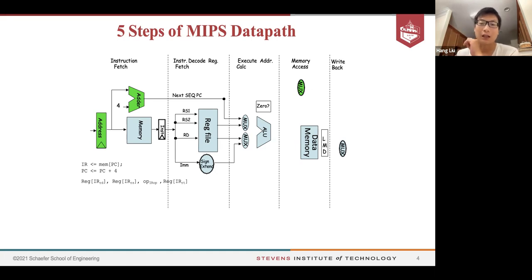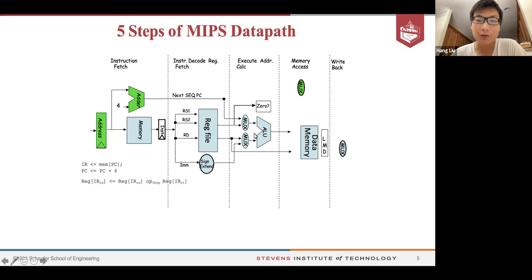So the immediate alone definitely is shorter than 32 bits. That's why we have to do sign extension. And in this stage, you use the register ID to fetch the value of the register, right? You got RD, RS, RT, and you got the instruction opcode, like what instruction you are trying to execute, like addition, subtraction, multiplication, division, branching, etc.